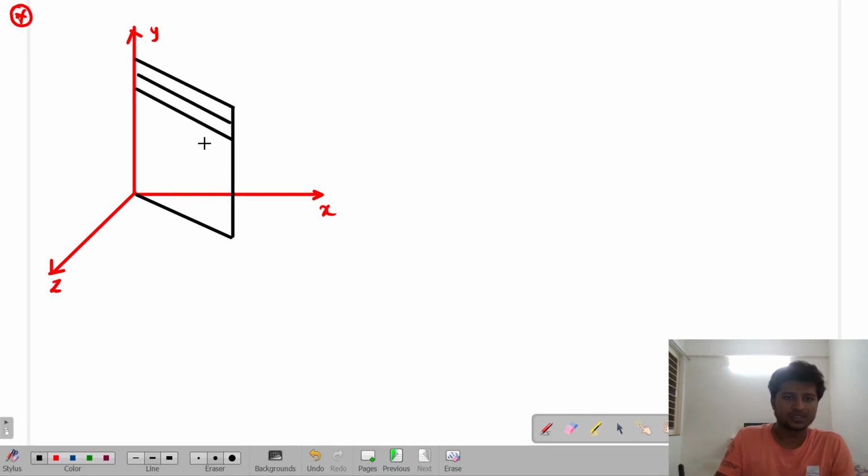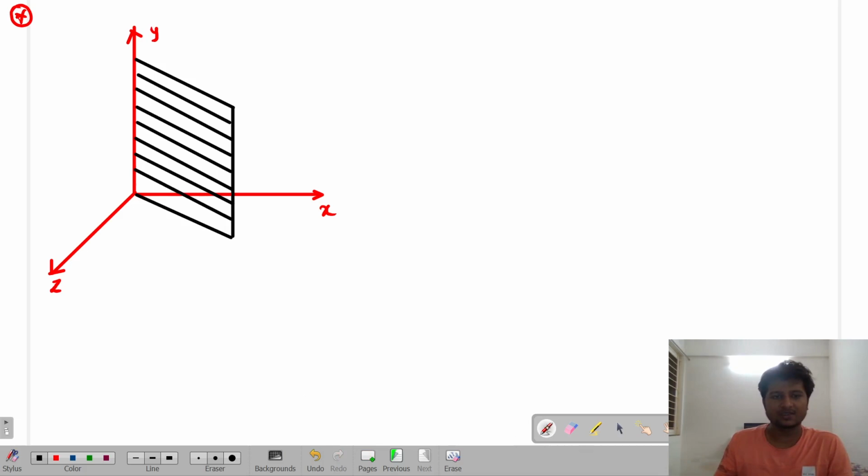You can see that this area is like a door, isn't it? And this area makes some angle with the x-axis, and that angle is given as theta.